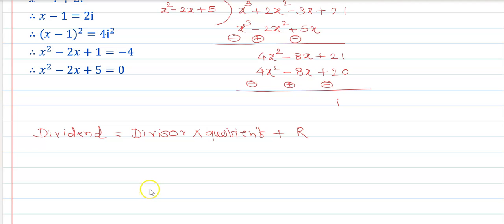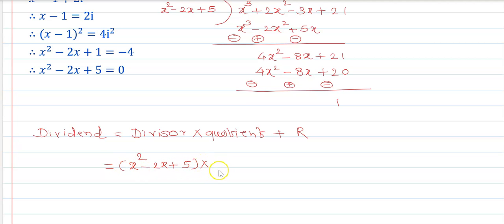I am writing only r. Okay, and therefore the dividend, the whole polynomial, is equals to divisor, which is x square minus 2x plus 5. This is the first one.